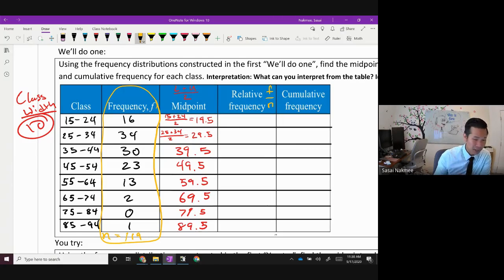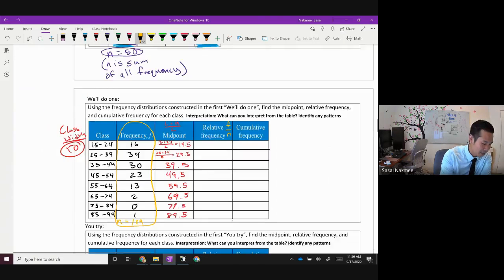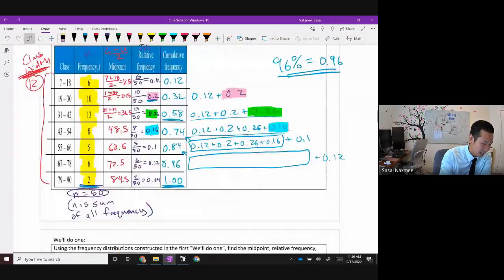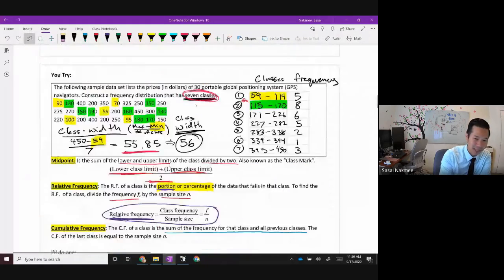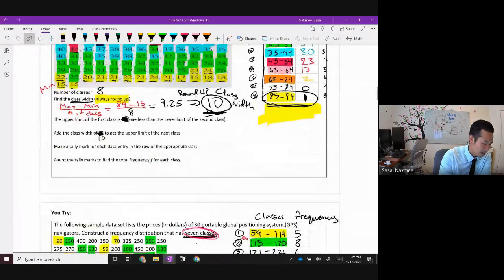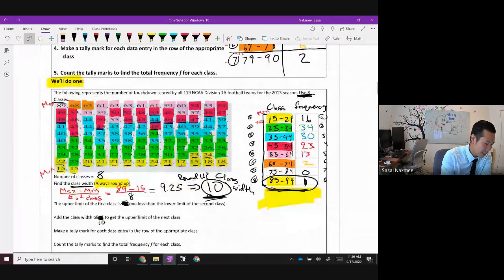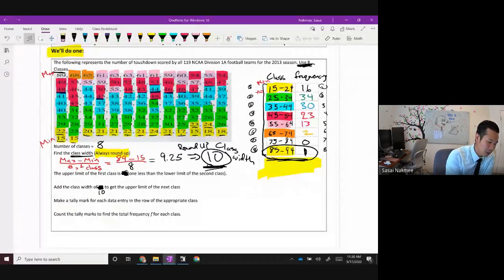There's actually another way to do it as well if you're kind of lazy and you don't want to add these numbers up. In the notes, it tells you right here, the following represents the number of touchdowns scored by, look at that number, 119.